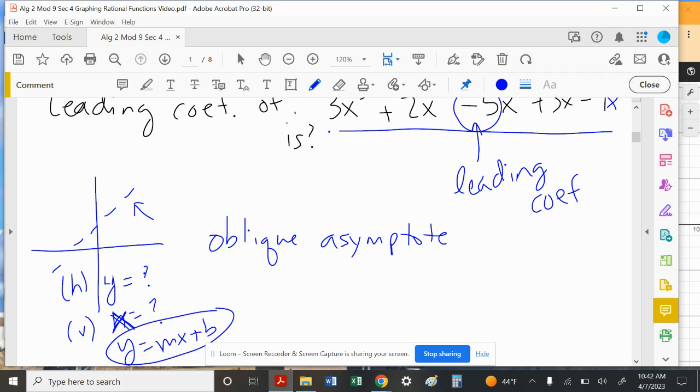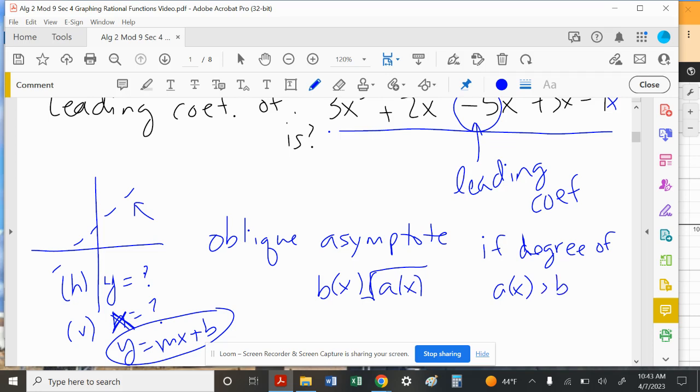Okay, and so how do we find that? Well, we have to divide. So what we would do is we would divide b of x into a of x. Now, the only time we have an oblique asymptote is if the degree of a of x, first off, has to be greater than the degree of b of x.